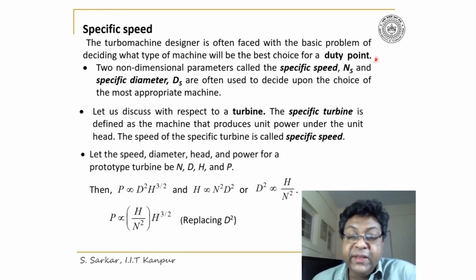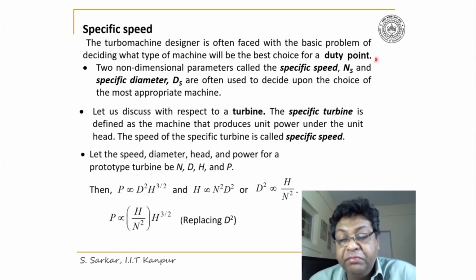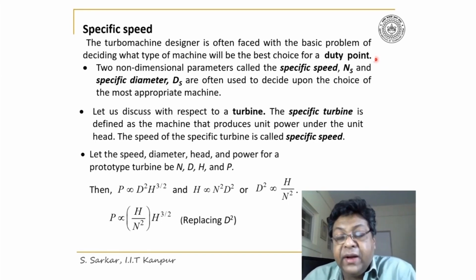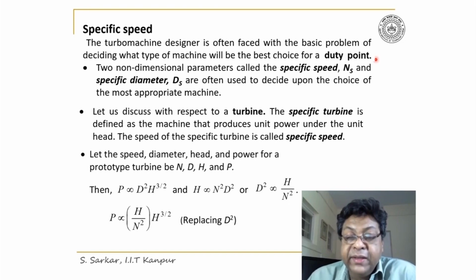Duty point is the combination of N, H, Q for which the machine would be designed. Any vendor or any producer of turbo machines, they specify this duty point. So for a designer, only head developed by the machine, flow rate, and the RPM is known.